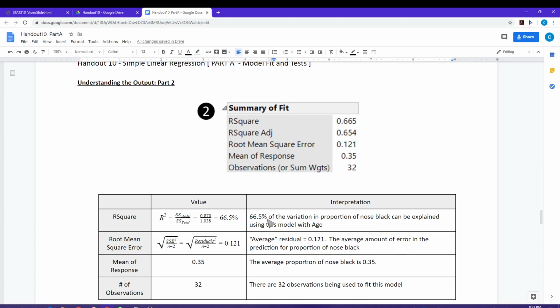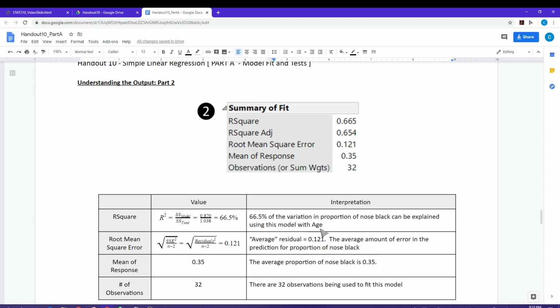So our interpretation of that quantity is 67% of the variation in proportion of nose black. That's my response here. So 67% of the variation in the proportion of nose black can be explained using this model with age.